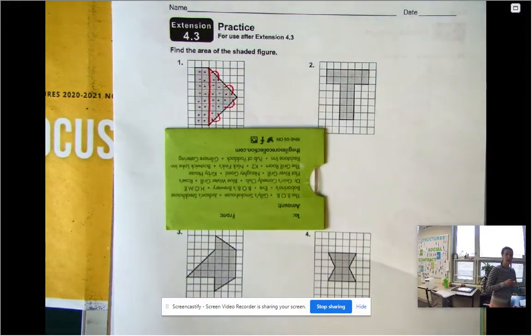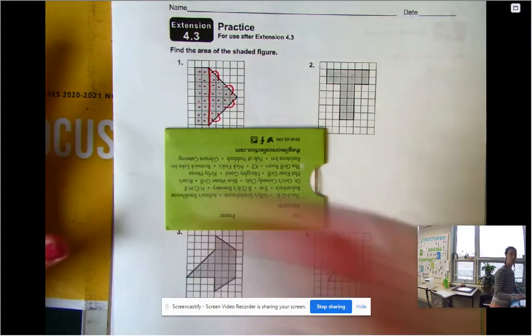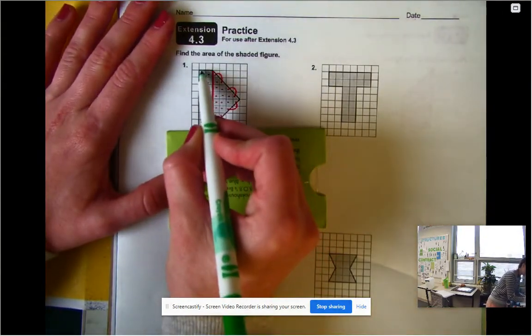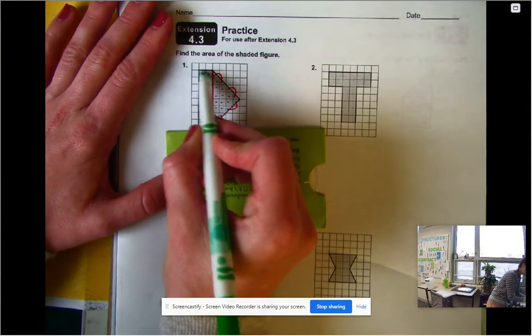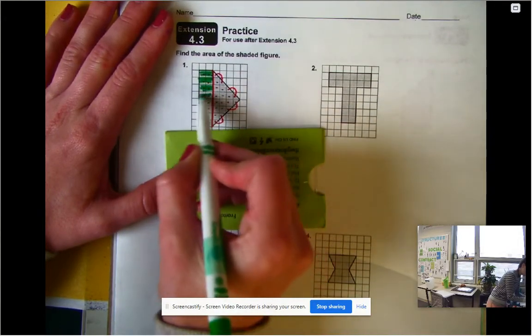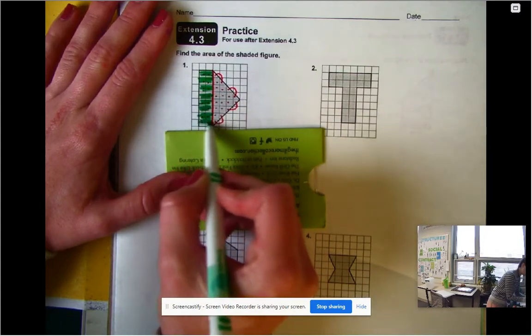When we start with composite figures, we start with this grid paper, which is nice because then you can literally count the squares. Sometimes it helps to count while you color or just scribble. So I have 1, 2, 3, 4, 5, 6, 7, 8, 9, 10, 11, 12, 13, 14, 15, 16.